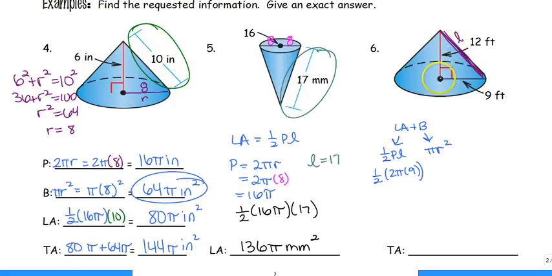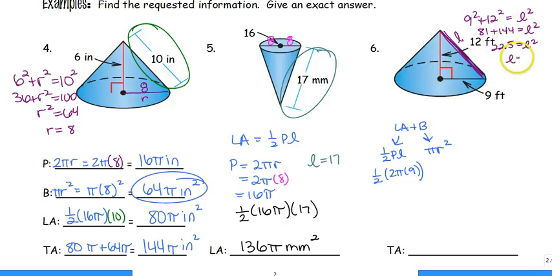We're given the whole height of the cone. We're given the radius, so I can do Pythagorean Theorem of 9 squared plus 12 squared is equal to our slant height squared. So we've got 81 plus 144. So we are going to have 225.